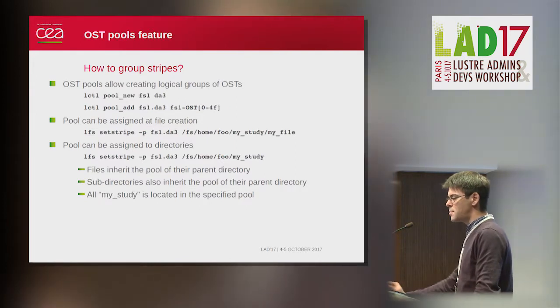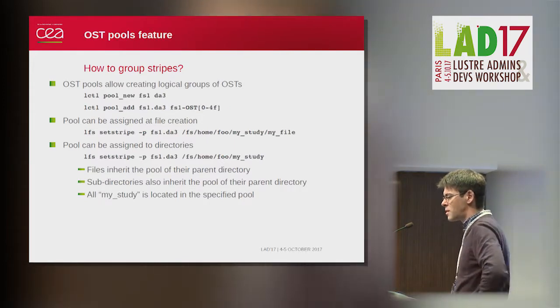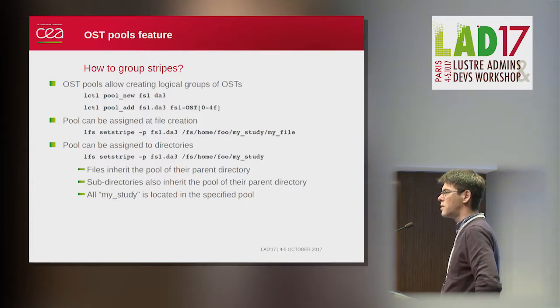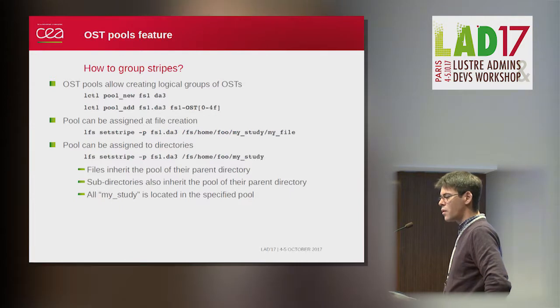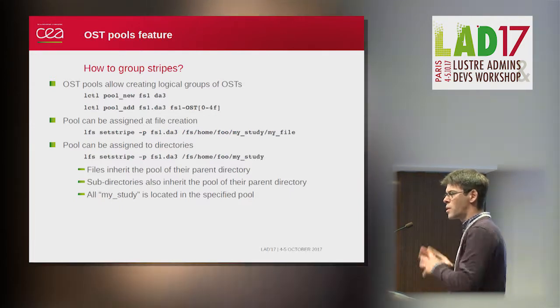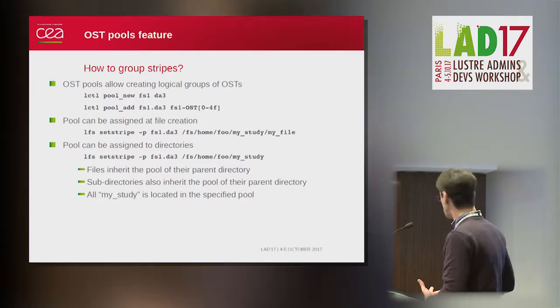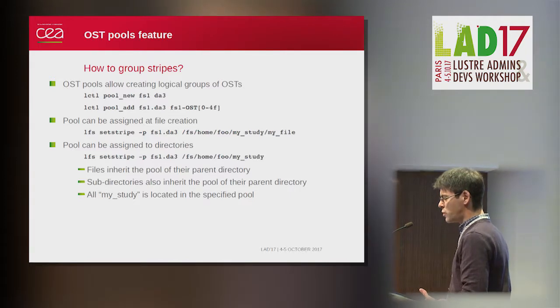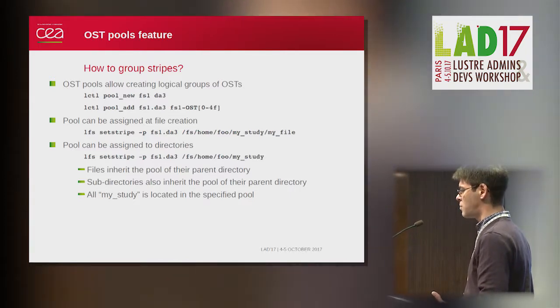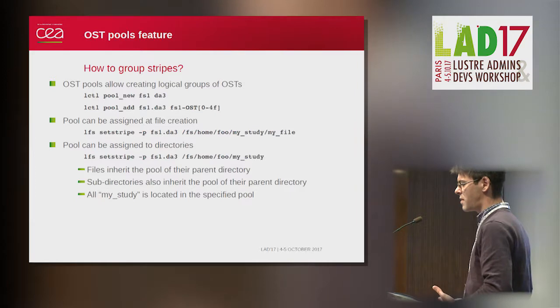So to group stripes, there is this feature in Lustre, which has been here since 1.8, OST pools, that allows you to define logical groups of arbitrary OSTs. This is a little how-to: create a new pool with pool_new, pool_add to add OSTs to the newly defined pool.